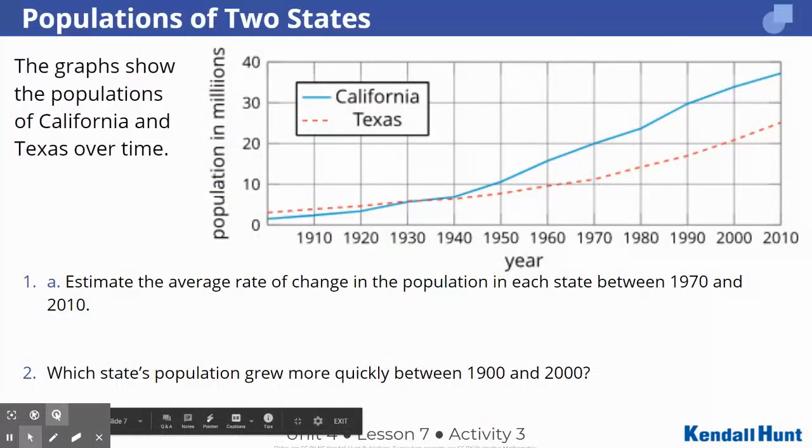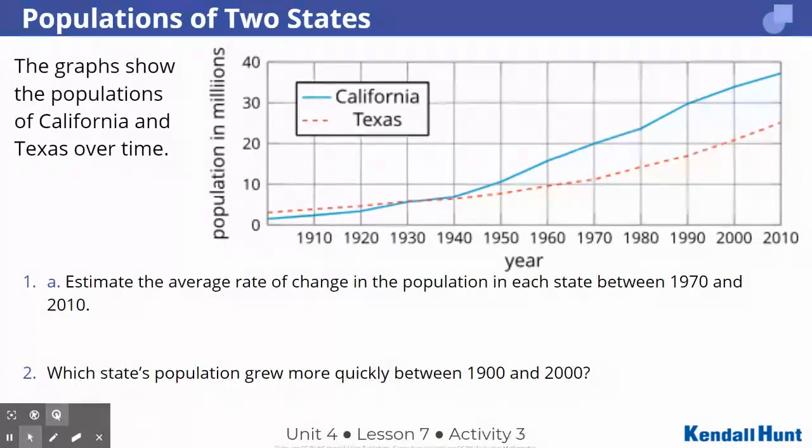Now we have a graph of California and Texas, and it's showing us the population and how it's changing from 1900 to 2010. So we need to estimate the average rate of change in the population in each state between 1970 and 2010. Before I let you do this on your own, I want to establish what the points are. So we're looking at 1970 for California and Texas. So let's do California first. In 1970, California had a population of 20 million.